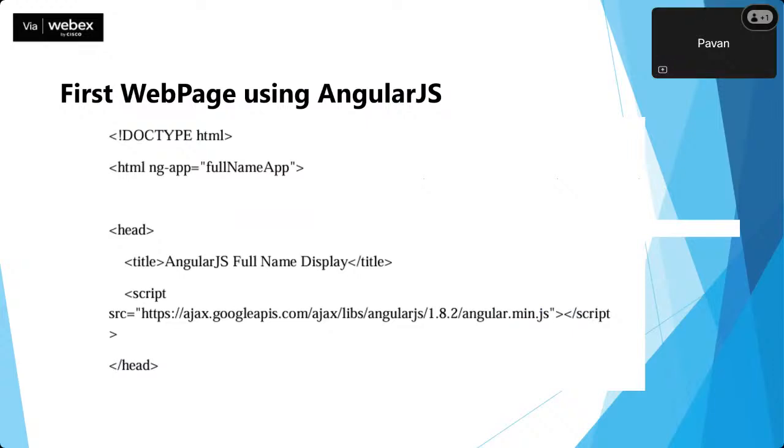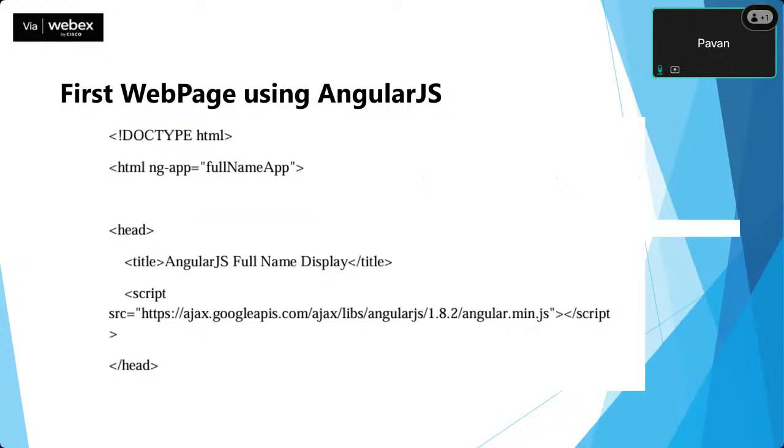So here on the first line, we are writing exclamation mark DOCTYPE html. What we mean by this is we are just mentioning the type of HTML that we are using, that is the version of the HTML.